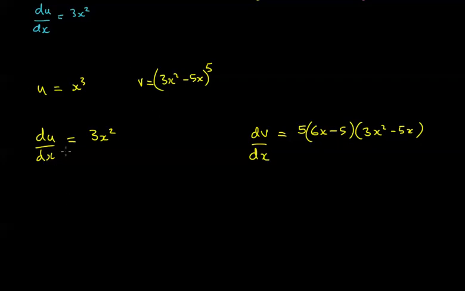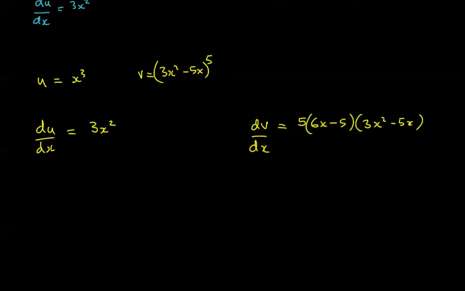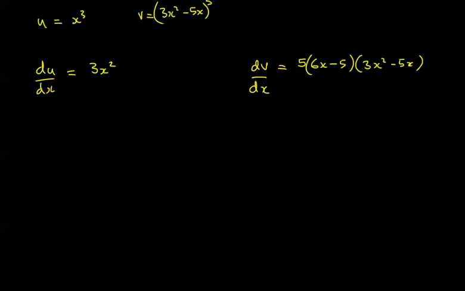So the product rule is dy by dx equals u dv by dx plus v du by dx. So this is going to be fairly long. u is x cubed, so let me write that, x cubed, big bracket.